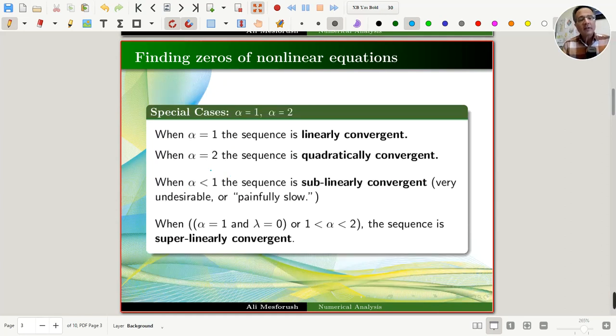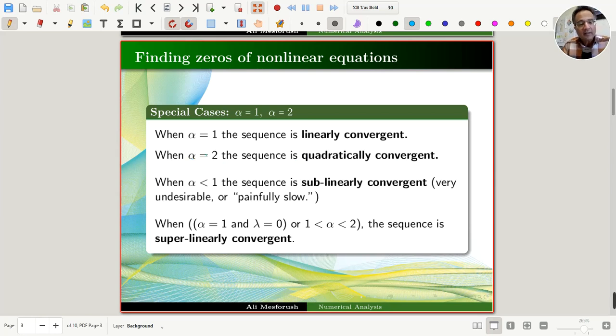In some special cases, for example when alpha is equal to 1, the sequence is linearly convergent. It means that the rate of convergence is linear. And when alpha is equal to 2, the sequence is quadratically convergent. It means the rate of convergence is quadratic.